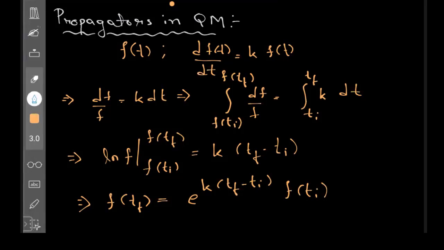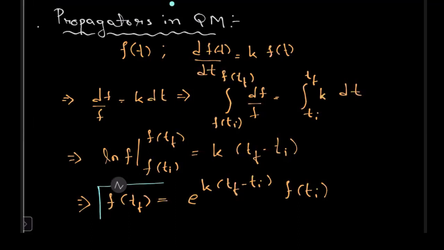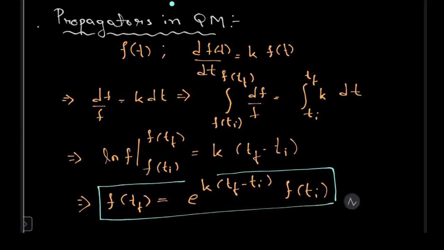So what is this equation trying to say? What you have at hand is a function f, and you have two values of the function, one at t final and one at t initial. This equation 1 tells you that if you know the function at t initial, then using this equation you can find what the function is at t final.